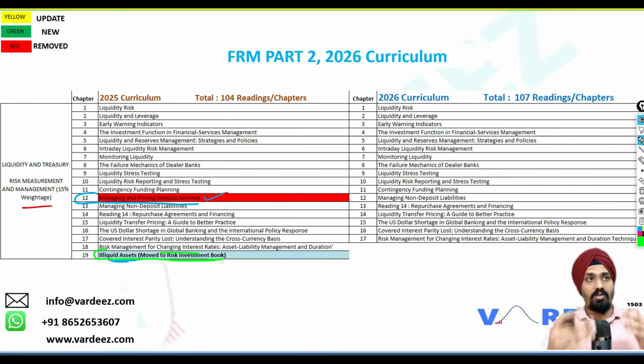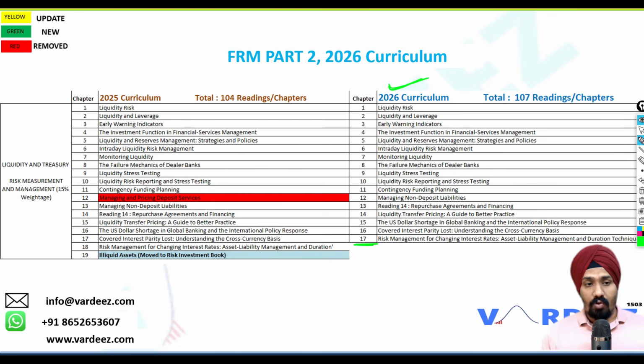So the same chapter, same learning objectives, everything has been shifted from liquidity risk to the risk investment. That is one update from the liquidity risk. Now for 2026, there are 17 chapters that we have. Of course, the weightage is again the same, 15.